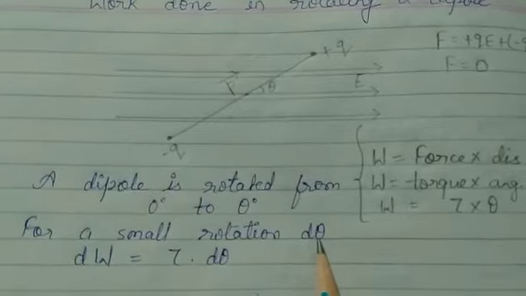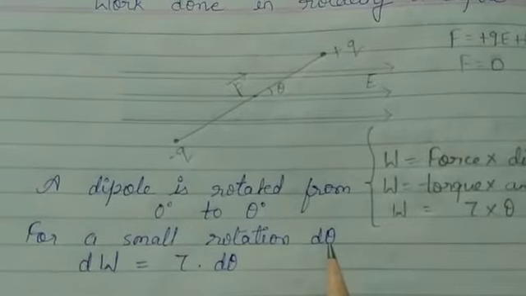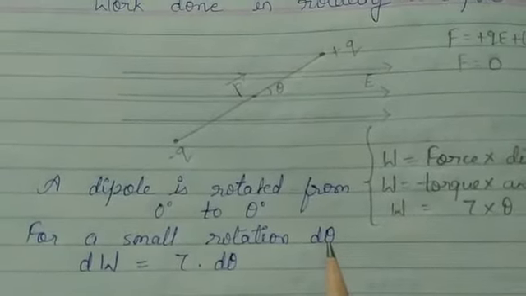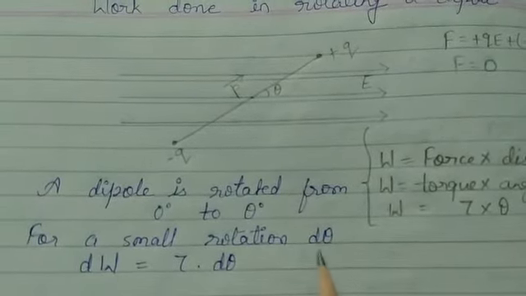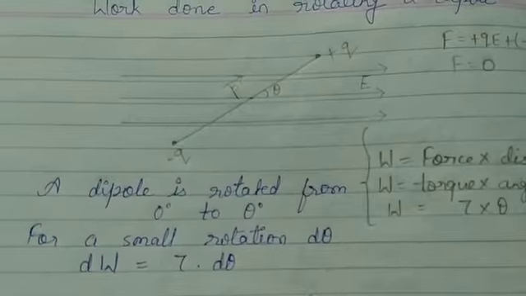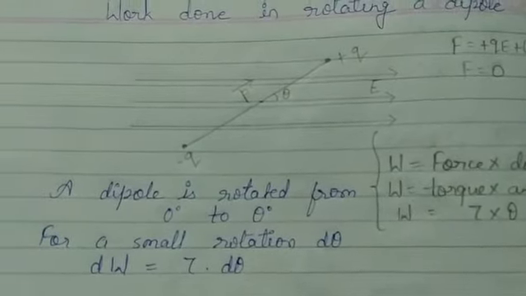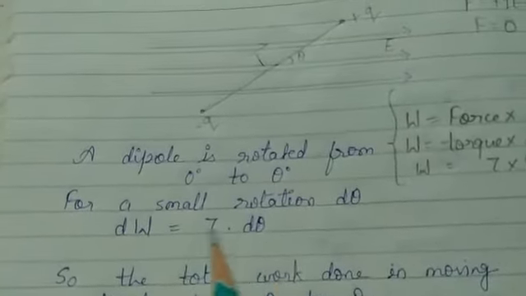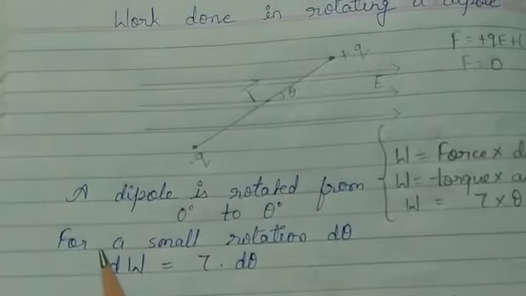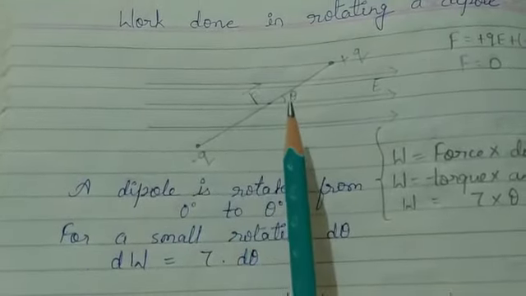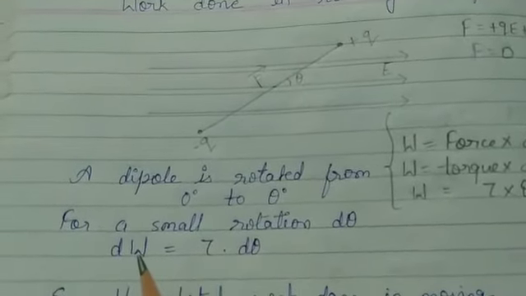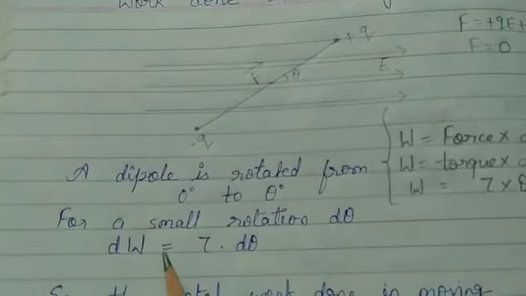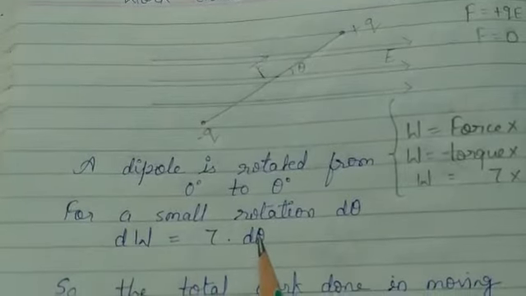First you take out the quantity for a small part and then integrate that to get it for the whole. So suppose the dipole is rotated by a very small angle d theta, then the work done will be small, dW equals tau into d theta.